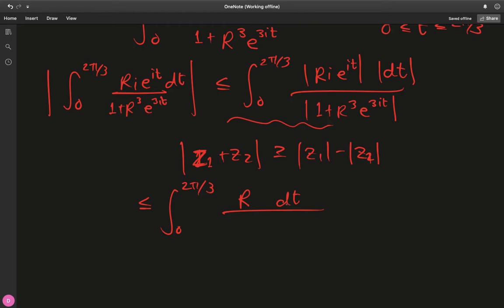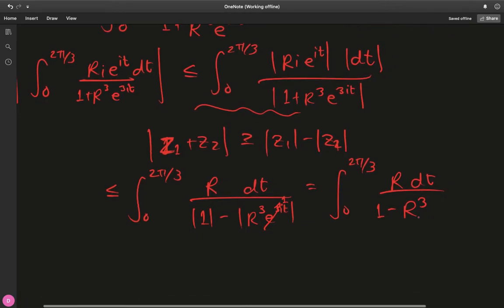Divided by mod of 1 minus mod of r cubed times e to the 3it. This is just equal to the integral from 0 to 2 pi over 3 of r dt divided by 1 minus r cubed, since the mod of e to the 3it is 1.